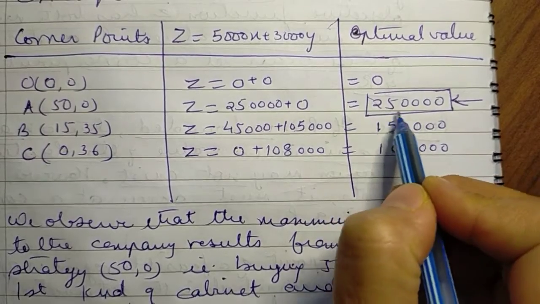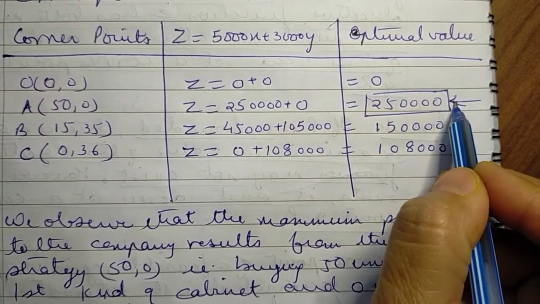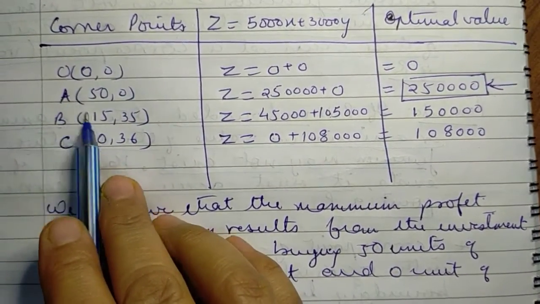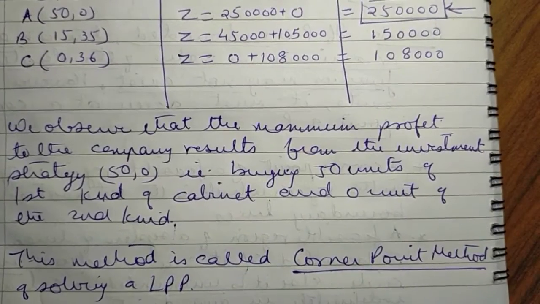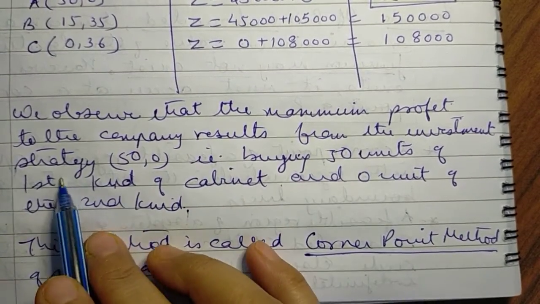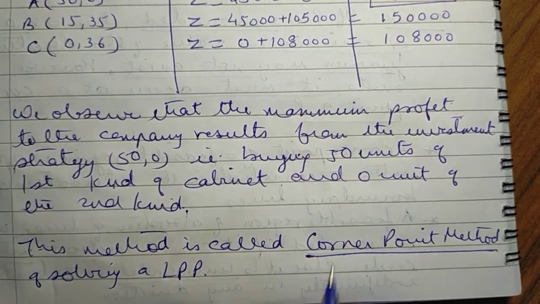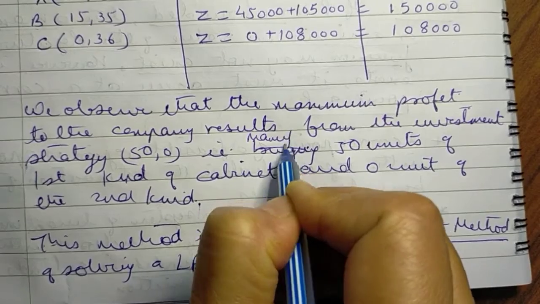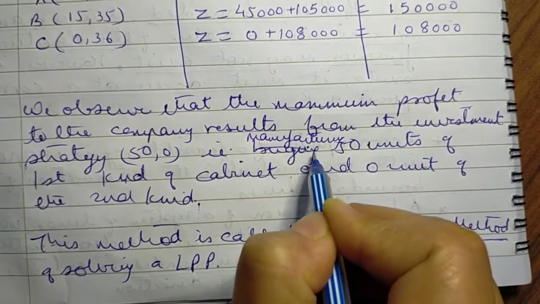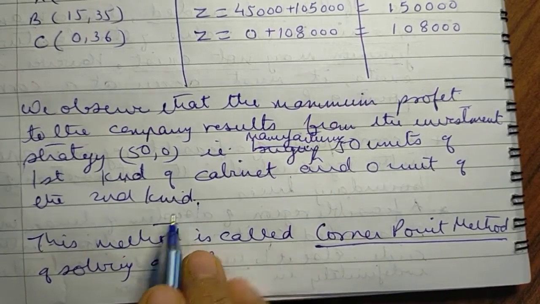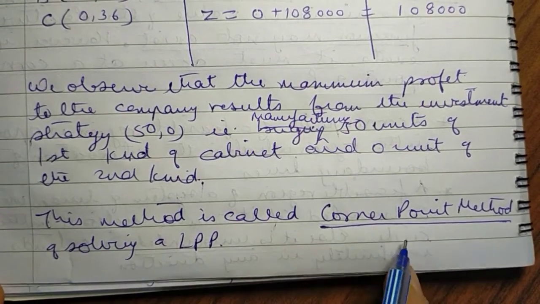So clearly 250,000 is the maximum value, and so the maximum profit corresponds to the point (50, 0). We observe that the maximum profit to the company results from the strategy (50, 0), that is manufacturing 50 units of the first kind of cabinet and 0 units of the second kind. This method is called the corner point method of solving LPP.